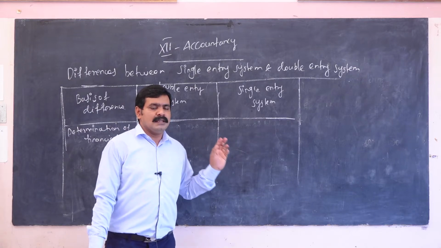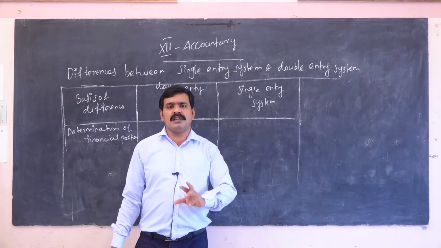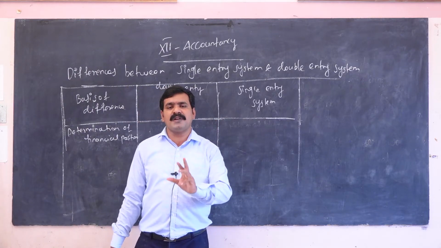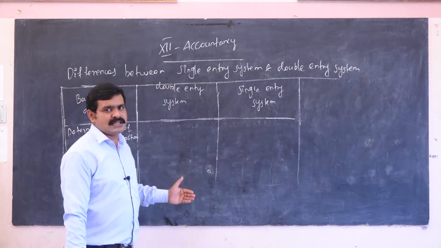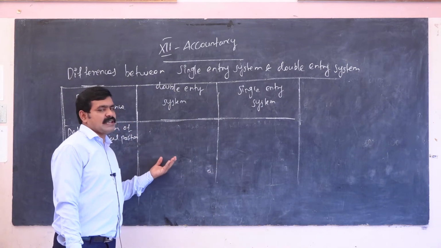So the proprietor wants to know the true financial position or true financial statement; that is the difference of the double entry system.